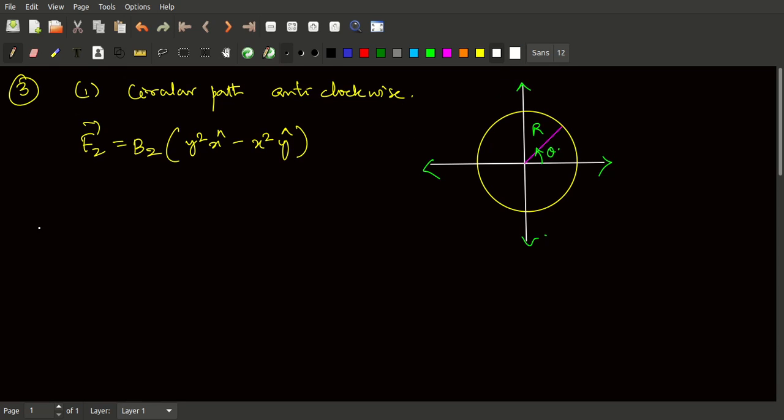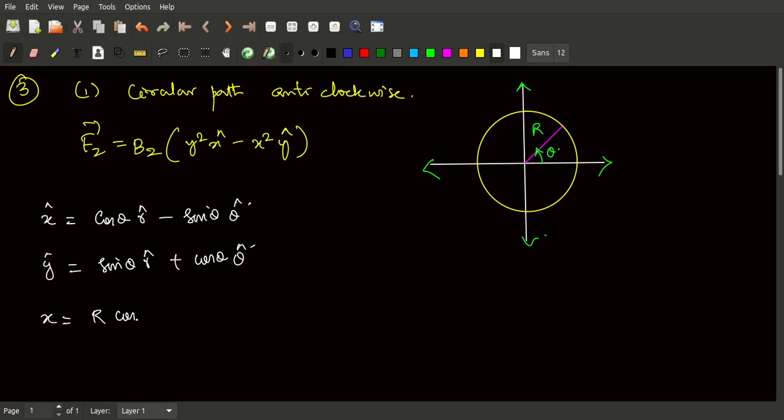We know from our previous discussions the relation between x cap, y cap and r cap, theta cap: x cap is equal to cos theta r cap minus sin theta theta cap, and y cap is sin theta r cap plus cos theta theta cap. And x is related as R cos theta. This is capital R because it is a circle centered at the origin, and y is equal to R sin theta.